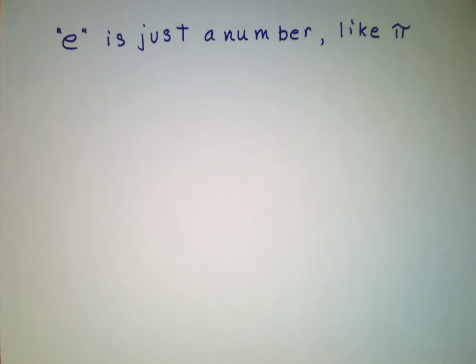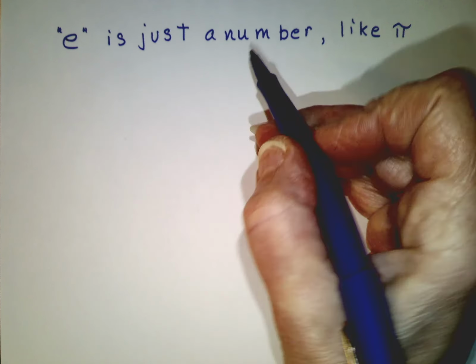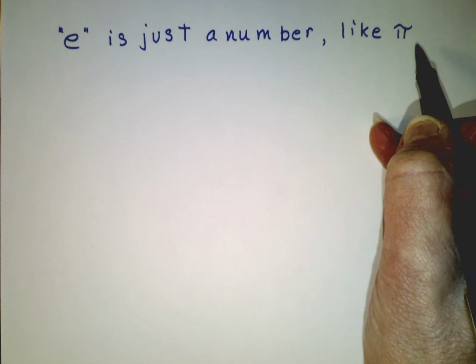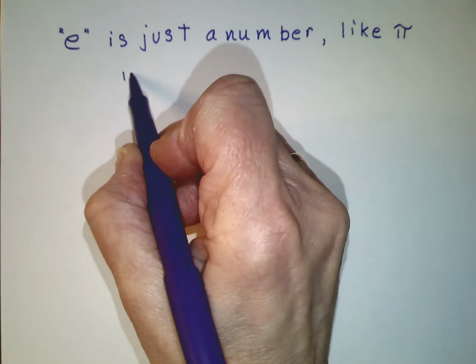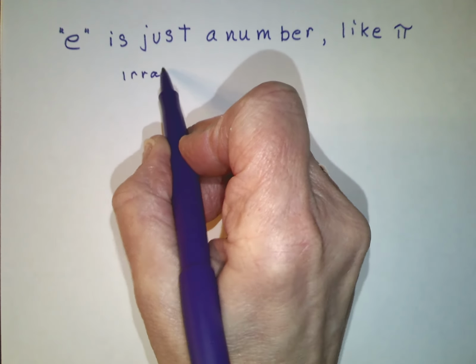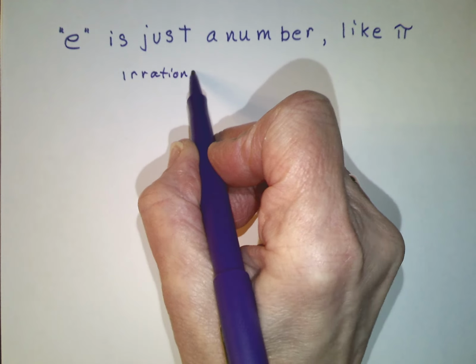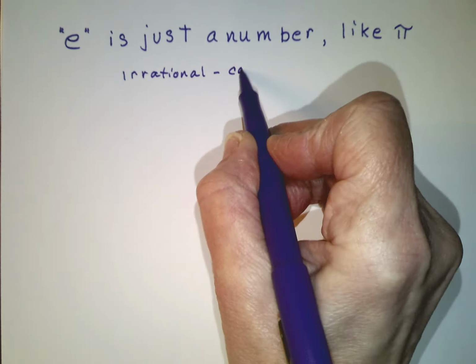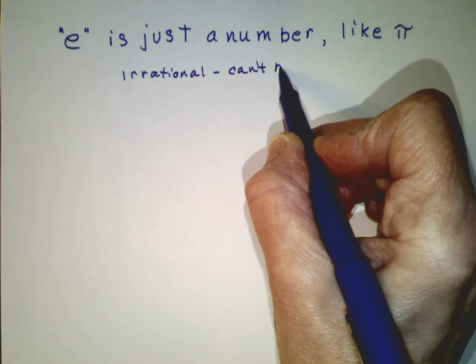So e is just a number. That's all, just a plain old number, kind of like a cousin to pi. They are both irrational, which I'm sure you remember means they can't be expressed as fractions.